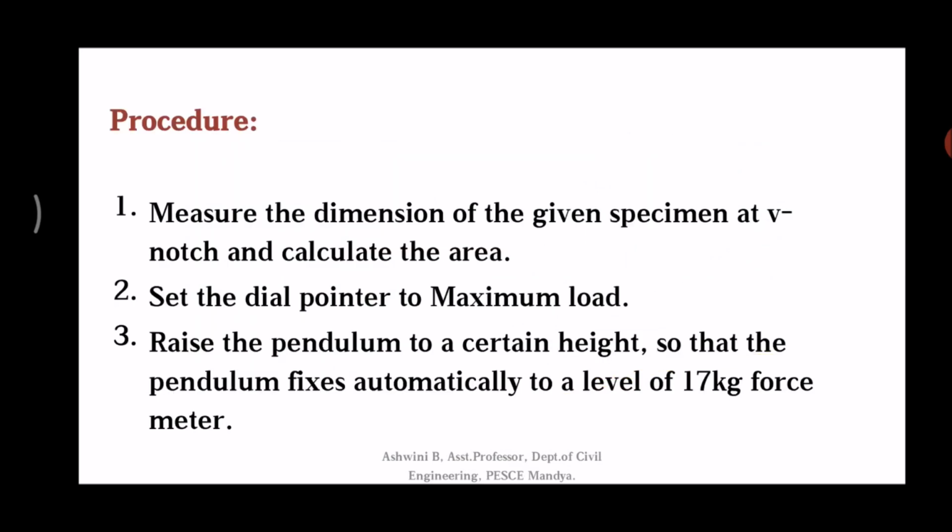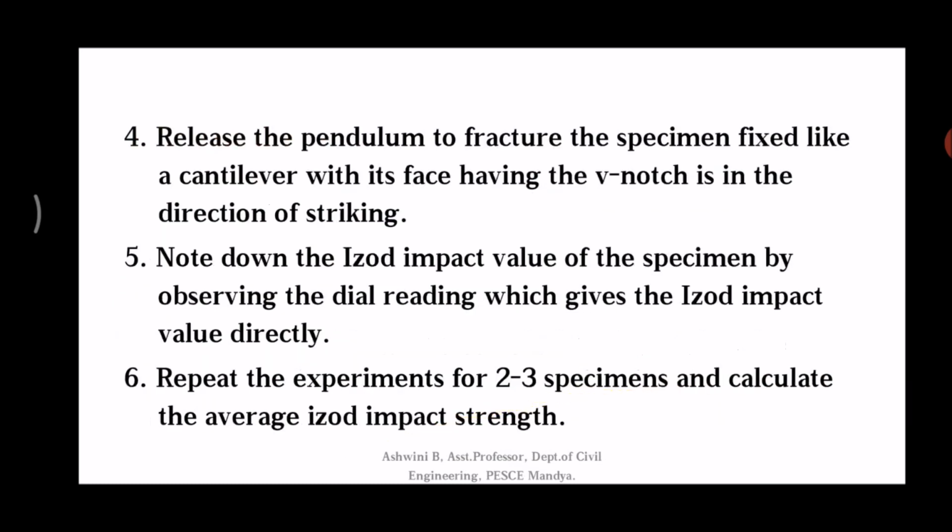So when coming to the procedure, first we have to measure the dimension of the given specimen at V notch and we have to calculate the area under V notch. Then set the dial pointer to a maximum load. Here in Izod test, we fix the maximum load to 17 kg force meter. After that, raise the pendulum to a certain height so that the pendulum fixes automatically to a level of 17 kg force meter.